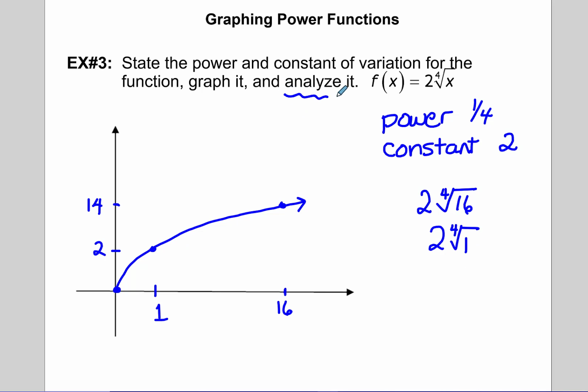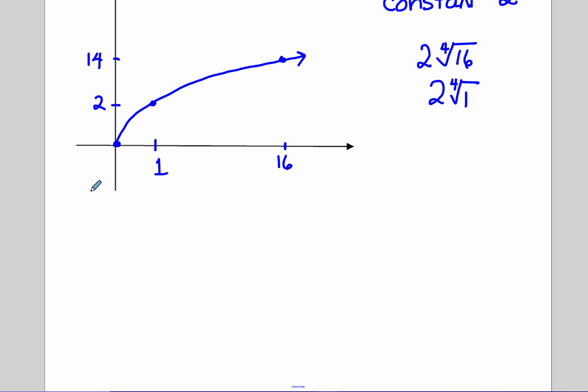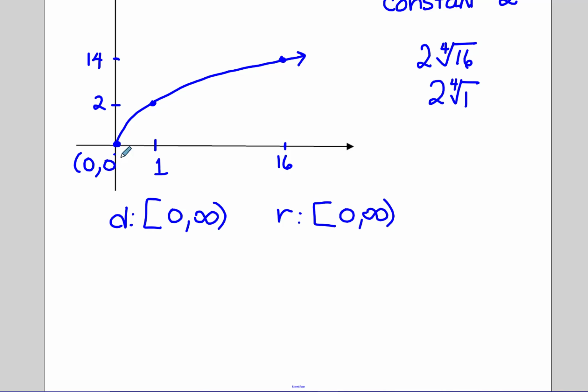And then they're asking us to analyze that function, so that's easy. You should be getting good at that. The domain is 0 to infinity. Our range is also 0 inclusive to infinity. Since (0, 0) is a minimum value, it's included in the graph. This function is increasing. It's continuous.